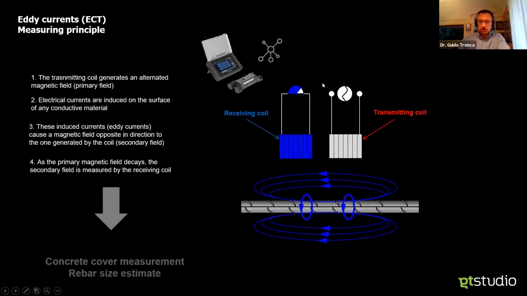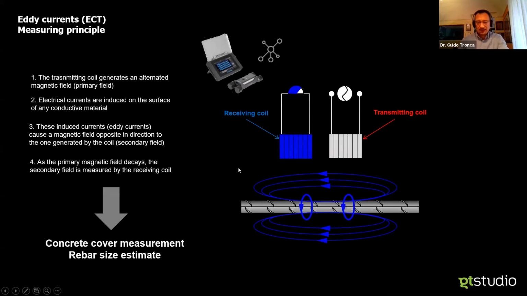Pretty impossible to memorize that, but the key point is that a rebar locator, Eddy Current, gives us a number. As good as the instrument is, it will depend on the accuracy, but we will always get an accurate cover measurement and a decent, depending on the measuring scenario, rebar estimate.